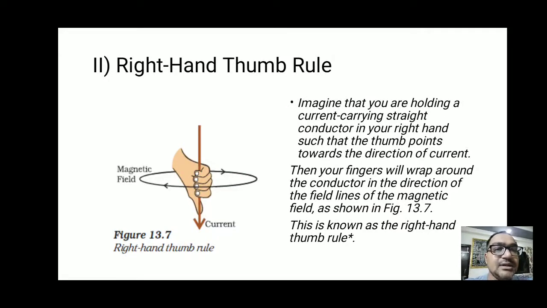And here the curl of the fingers represents the direction of the magnetic field. In this way, students, it is moving in a clockwise direction. So we have to mention here: magnetic field line direction is clockwise.